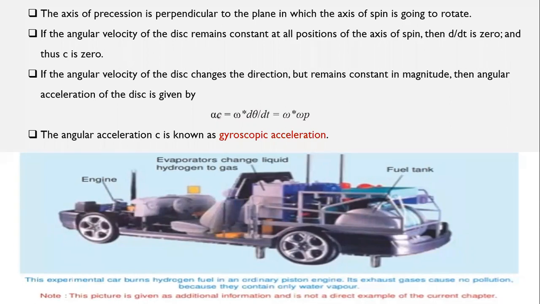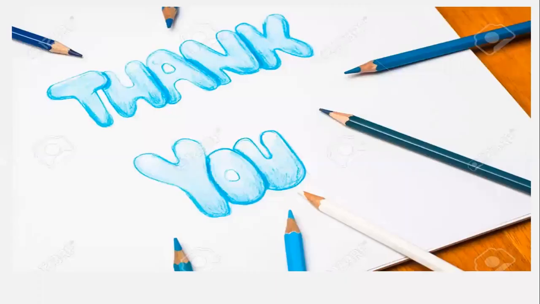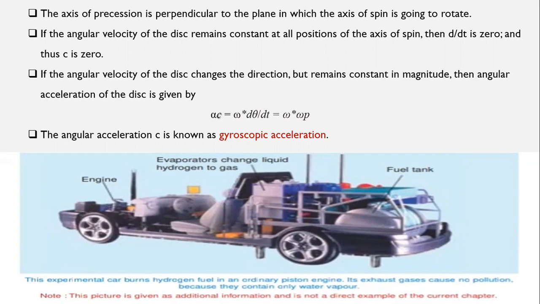Then this picture is given as additional information and is not taken as a direct example of the current chapter, because we are taking it only as a basic example for the current chapter.